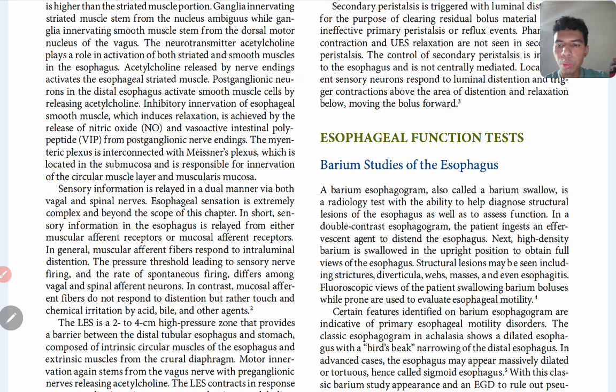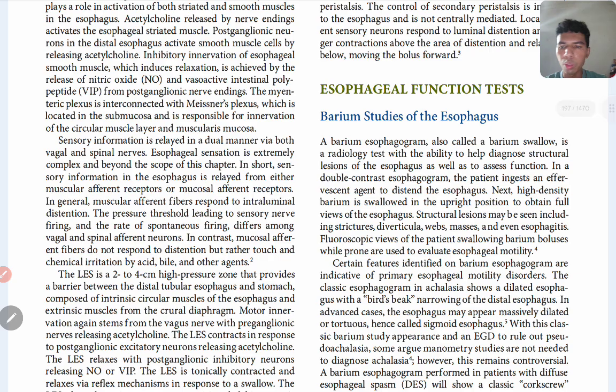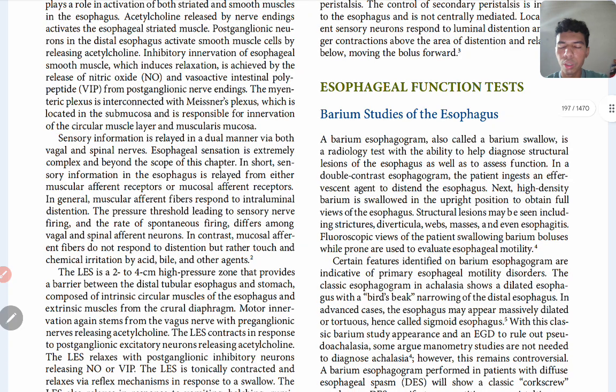In general, muscular afferent fibers respond to intraluminal distension, the pressure threshold leading to sensory nerve firing, and the rate of spontaneous firing differs among the vagal and spinal afferent neurons. In contrast, mucosal afferent fibers do not respond to distension but rather to touch and chemical irritation by acid, bile, and other agents. So the mucosal afferent fibers respond to chemical irritation.